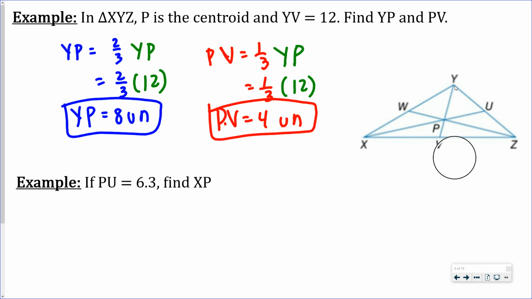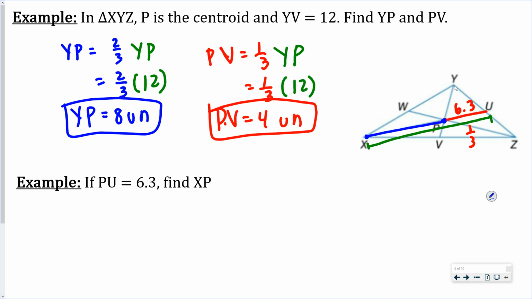Okay, let's try one that's a little bit harder. This time, using the same picture, if PU is 6.3, find XP. All right, well, these lie on the same median. So I know this whole median would be XU. Let me ask you this: would that segment PU be 1/3 or 2/3 of that whole segment? 1/3. It's not on the vertex side, right? So this is 1/3.